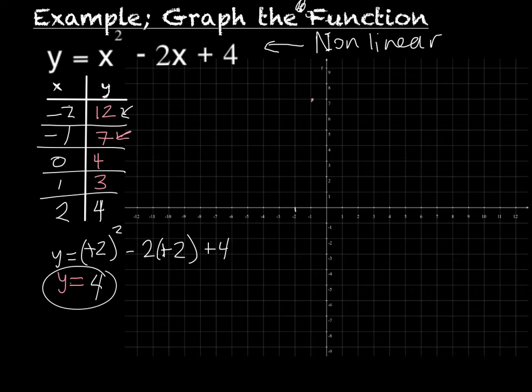So I come up to the 7, so it's right here. And then I have 0, 4, and the next point, 1, 3. And finally, the last point is 2, 4.